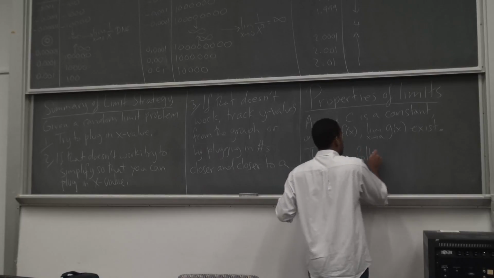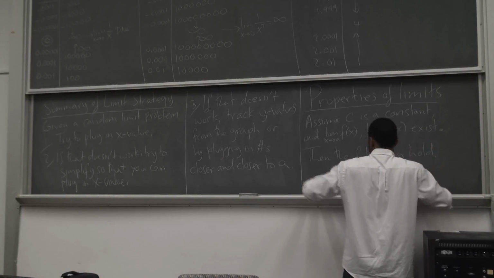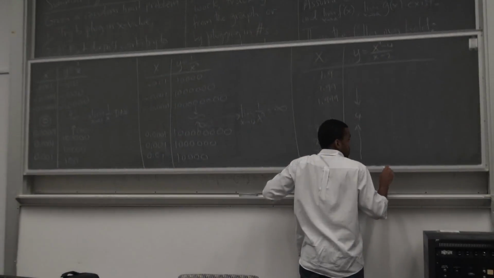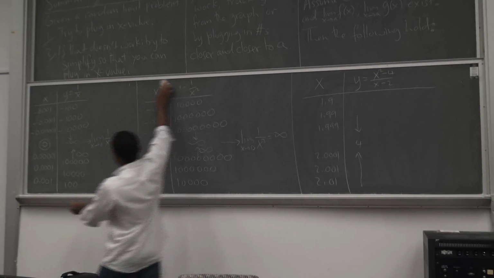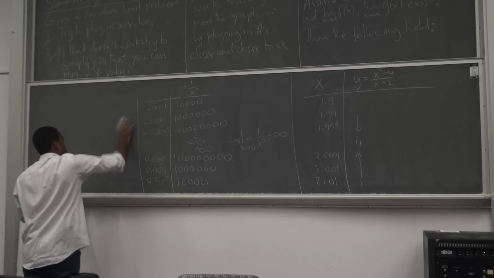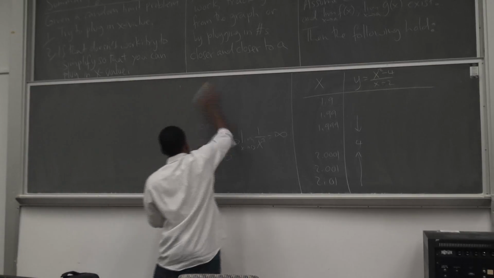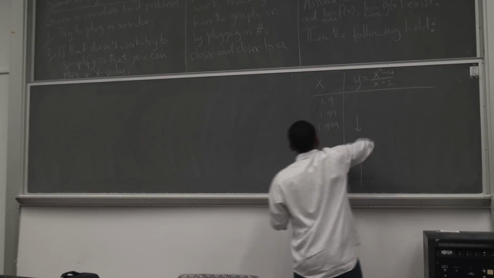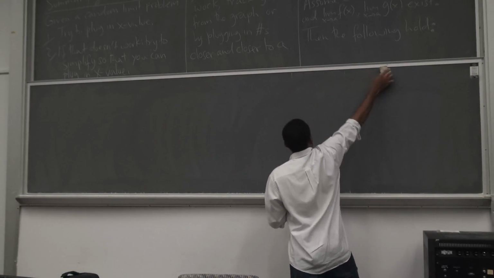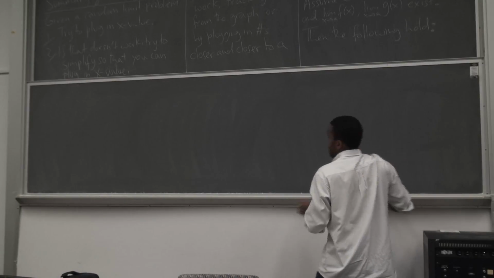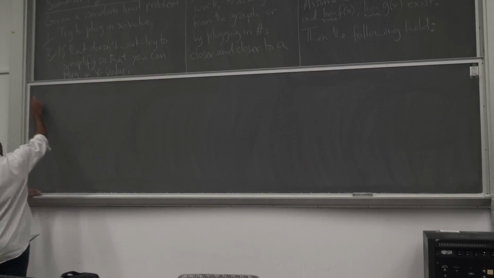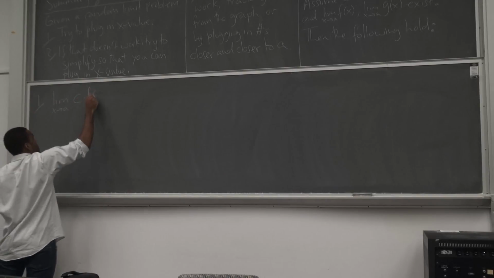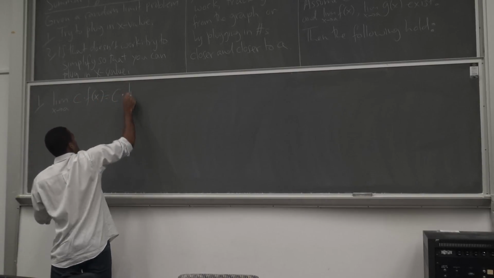Then the following hold. 1. A constant times a function is just going to be equal to a constant times the limit of the function.